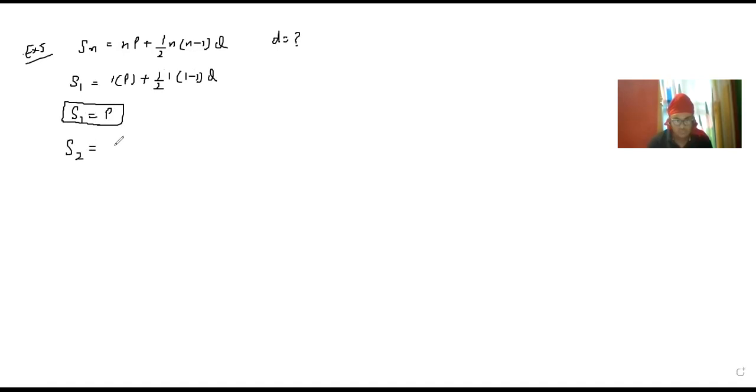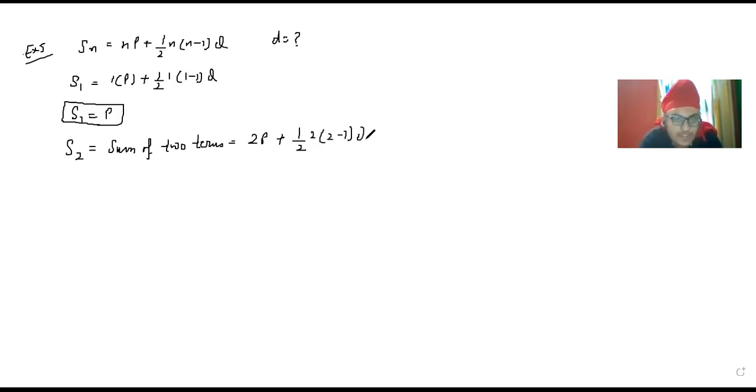S2 means the sum of two terms, which is 2p plus... Sir, how did S1 become p? See, I have substituted n as 1, so 1 multiplied by p, and here 1 minus 1 is 0, so this entire term becomes 0, so only p remains.